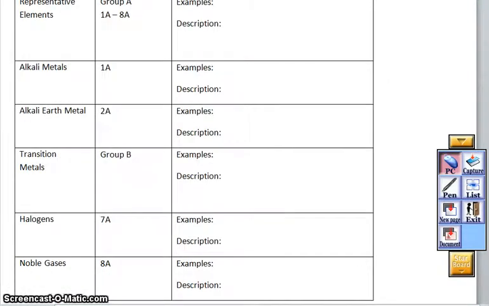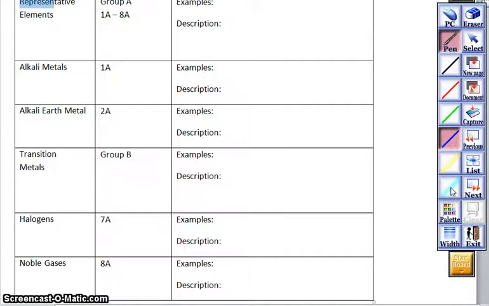Okay. On the next page, go to your next page, and I'll be talking again about the periodic table with respect to representative elements, alkaline metals, alkaline earth metals, transition metals, and so on.